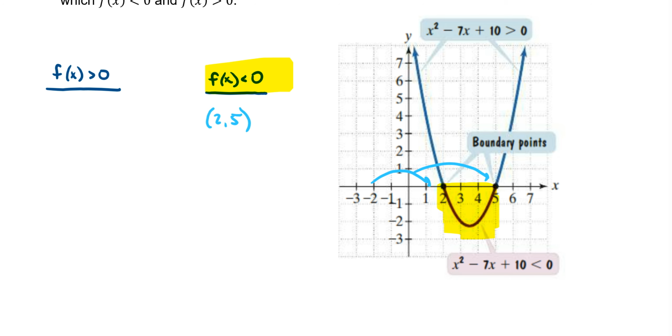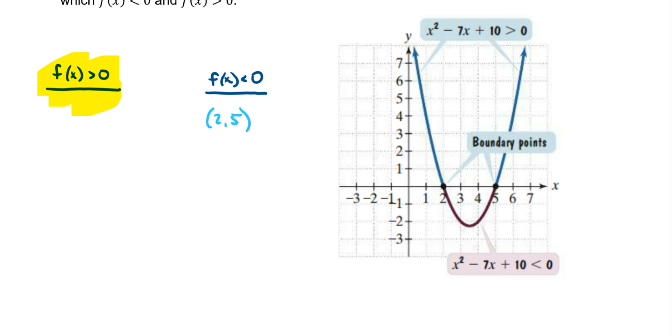And one other little thing we have to be careful for, notice that I put parentheses here because we're not including these endpoints, because when we include the endpoints, that would mean that's when the function equals 0. But since this is only less than 0, not less than or equal to, we're only using parentheses. And just notice that I have these labeled over here. These are the boundary points, the x-intercepts of 2 and 5.